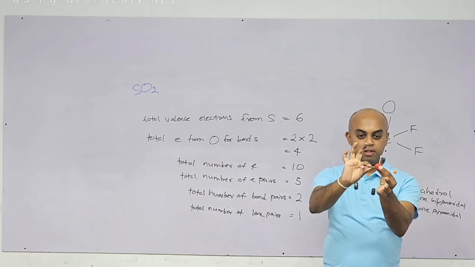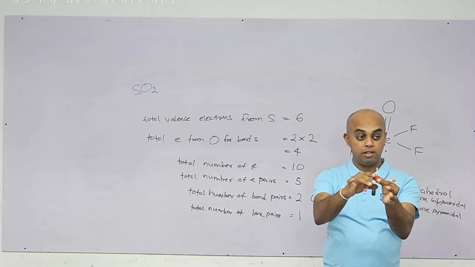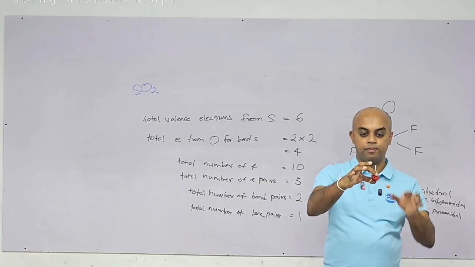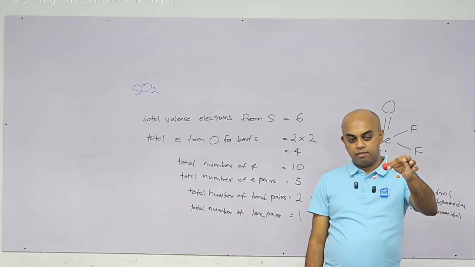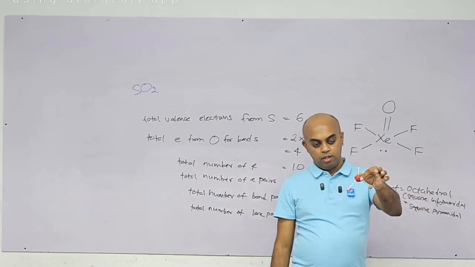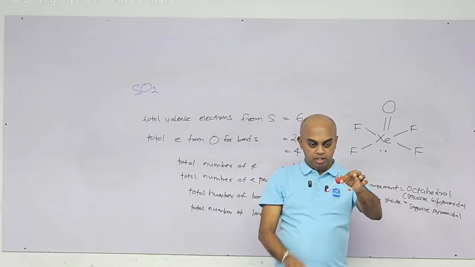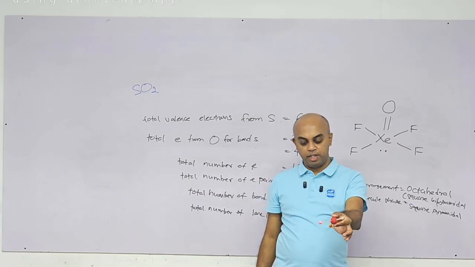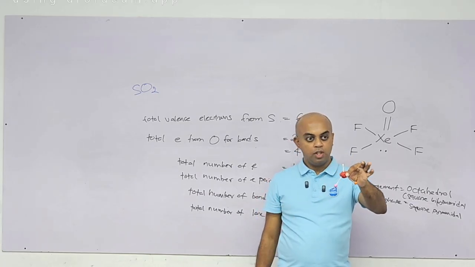This will be creating large angles like this. See, it will be creating large angles like this. So this shape is called bent, but the electron arrangement is trigonal planar. See, electron arrangement is trigonal planar, shape is bent. Clear? So this is 2 1.